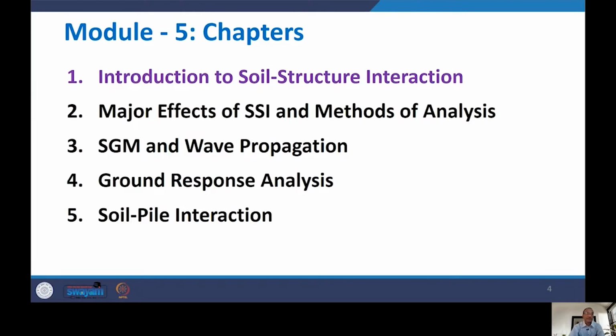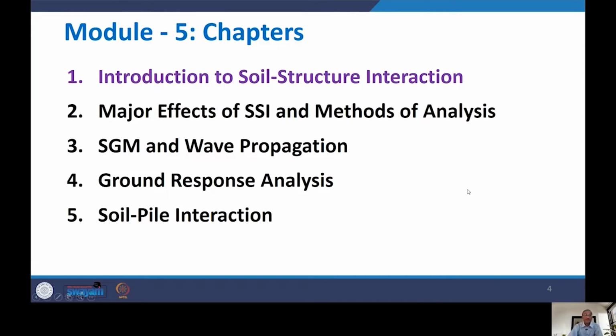Then we are going to talk about strong ground motion and wave propagation, which is very important to understand for any SSI analysis. Then we are also going to talk about ground response analysis. And finally, we are going to discuss soil pile interaction. So today, we are going to talk about the introduction to SSI.